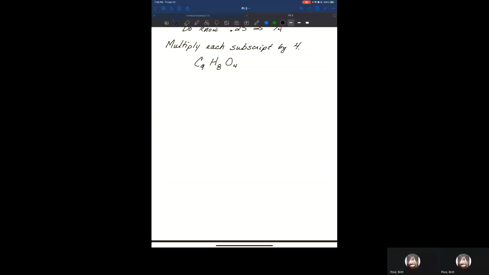The pieces that we've touched on so far. We've talked about finding the molar mass. We did mass to moles.